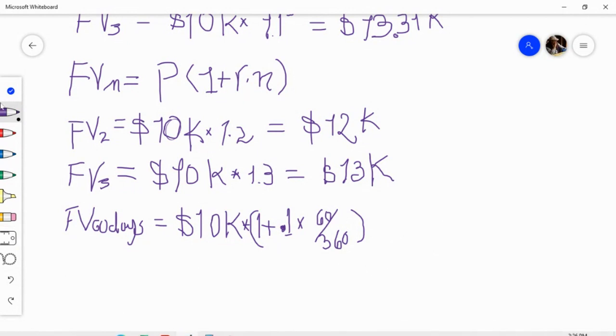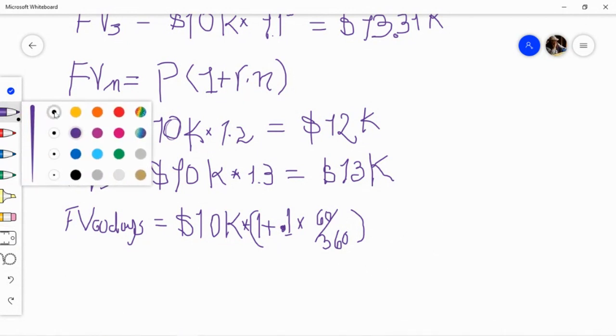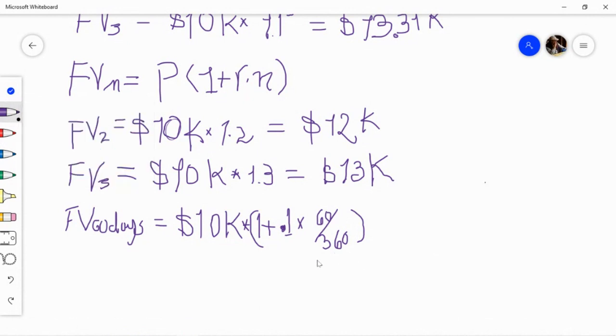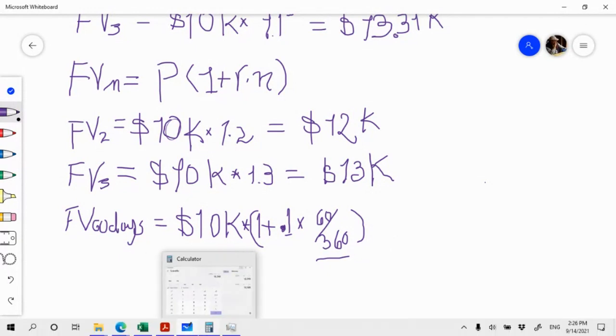You said the ordinary interest year was what number again, Professor? 360. Ordinary interest year is 360. Exact interest year is 365. And ordinary is the default. Think about it.